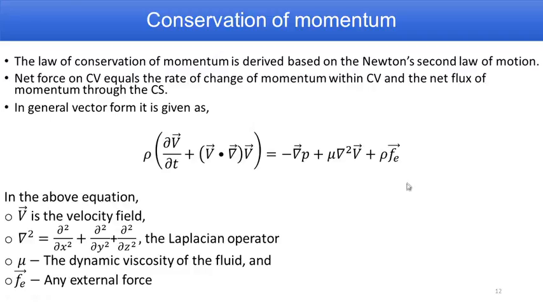Similarly, in a problem involving gravity, you have a gravity force appearing as an additional source term. So this is given as a source term, and for different problems we will have a different definition of the source term or external force.